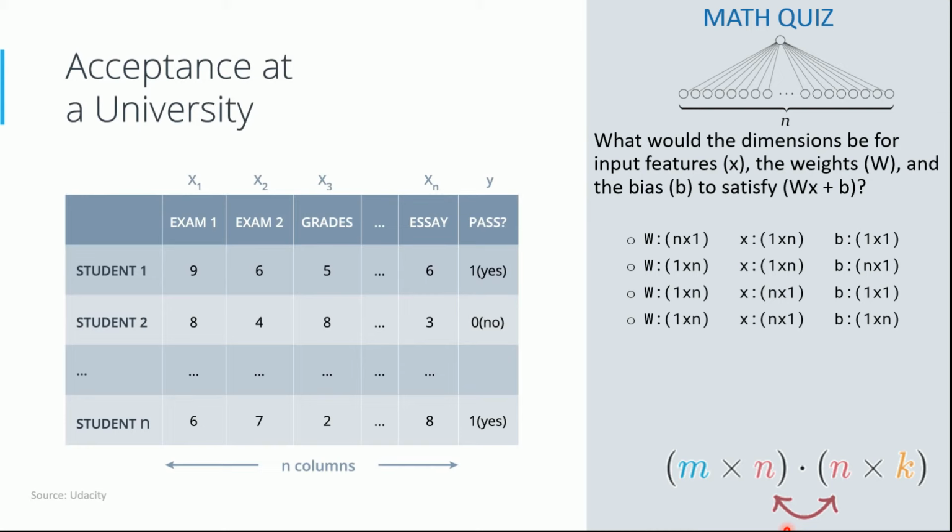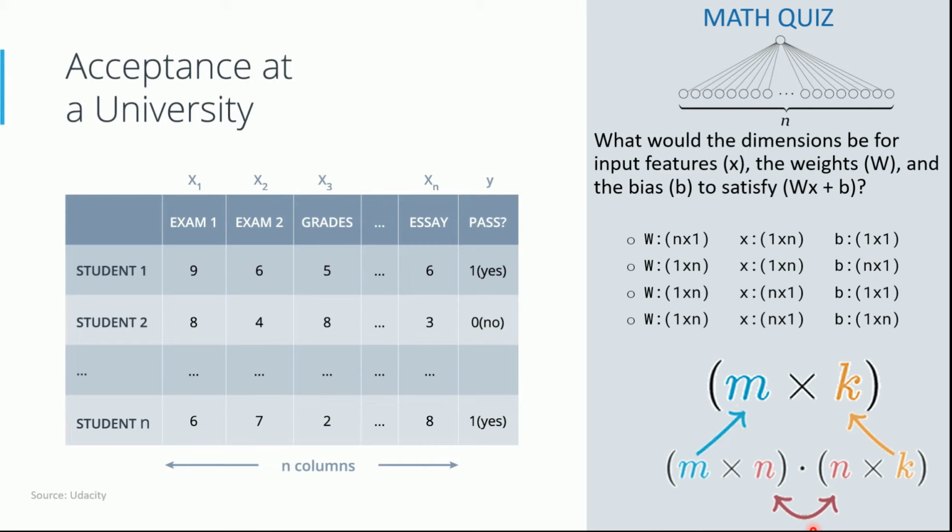Now, let's continue. We can multiply matrices if we have this condition, and the resulting matrix will be m by k. So the rows of the first with the columns of the second will form the resulting matrix of this multiplication.